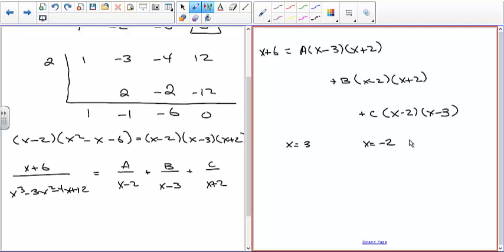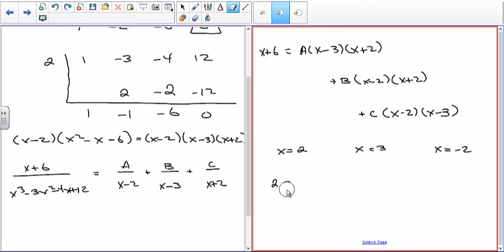Actually, well, let's choose the ones that, I mean, we can paste on this. x equals 2, x equals 3, x equals negative 2. And what that's going to do is, if we stick 2 in, these two are going to disappear. So from the first choice, we'll get 2 plus 6. So I'm doing this one first. 2 plus 6.